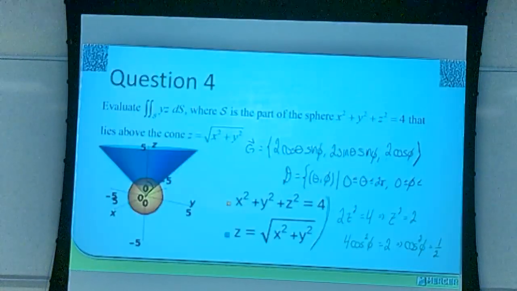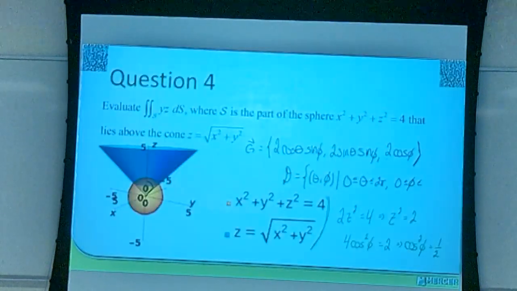What's cosine? 1 over square root of 2, which is root 2 over 2. Cosine of what angle is root 2 over 2? Pi over 4. That's what phi goes to.